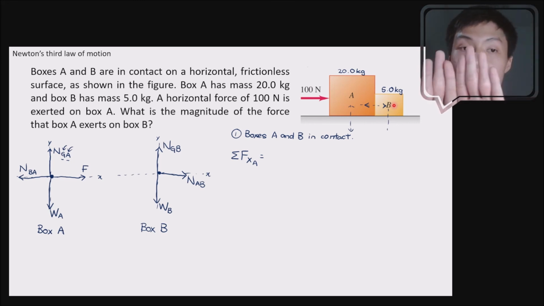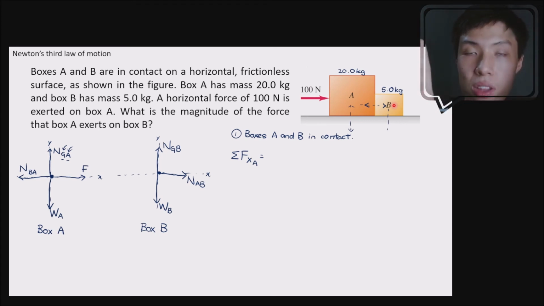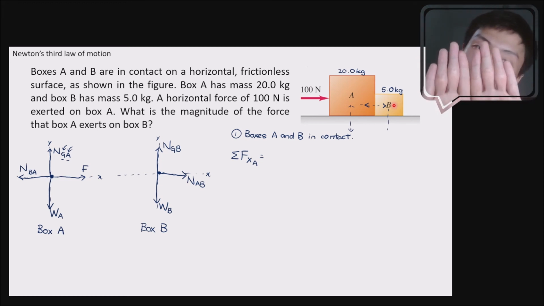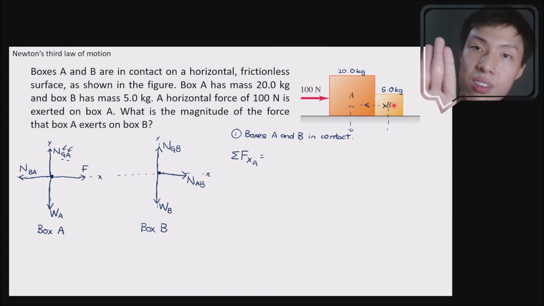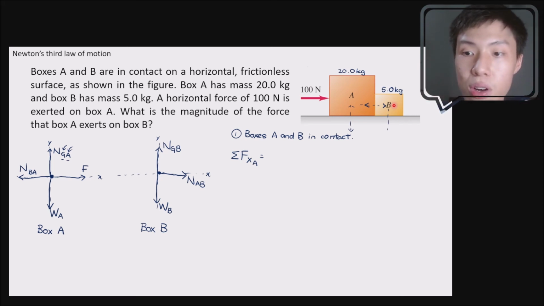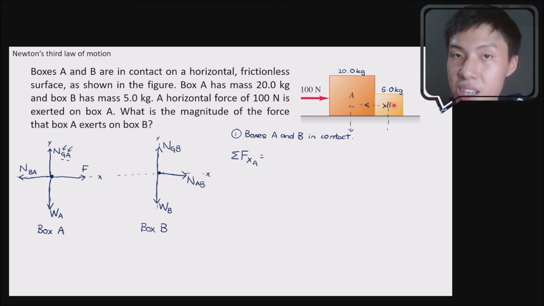If box B is accelerating at a higher rate, then box B will travel faster, and they are not in contact anymore. So when you see that box B and box A are in contact, you know that these two boxes should accelerate together. The acceleration should be the same for box A and box B.